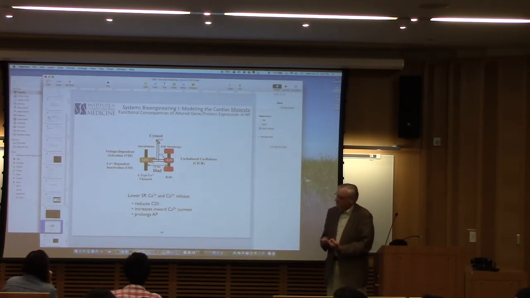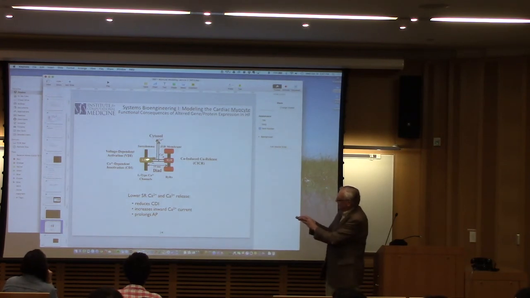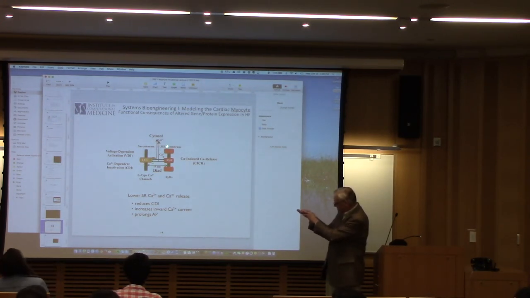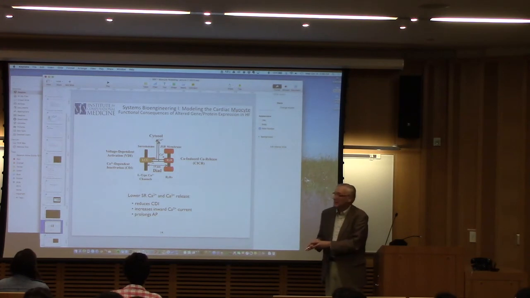And that means that when the calcium channel, remember it's facing into the dyad, this is a little tiny space here, 15 nanometers away from the cell membrane, is the JSR membrane with the ryanodine receptors. When these calcium channels open and calcium flows into the cell, since this is such a tiny space, that flux of calcium creates a huge change in calcium concentration in that compartment.